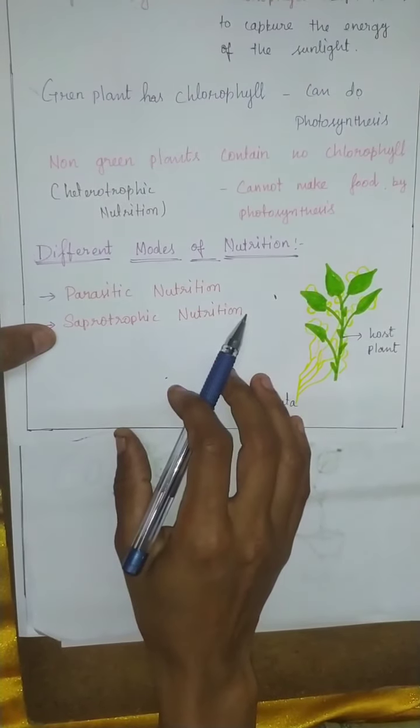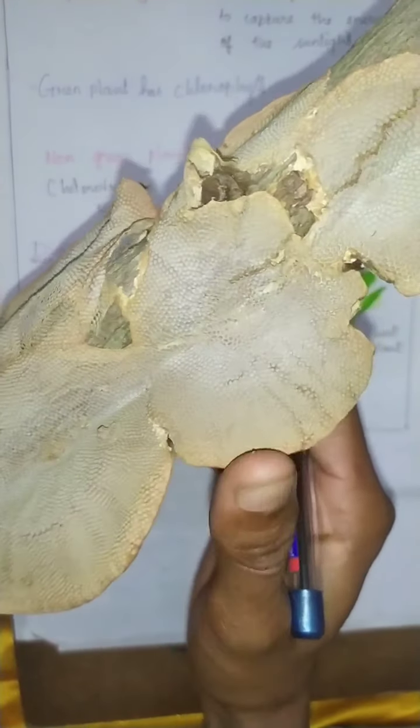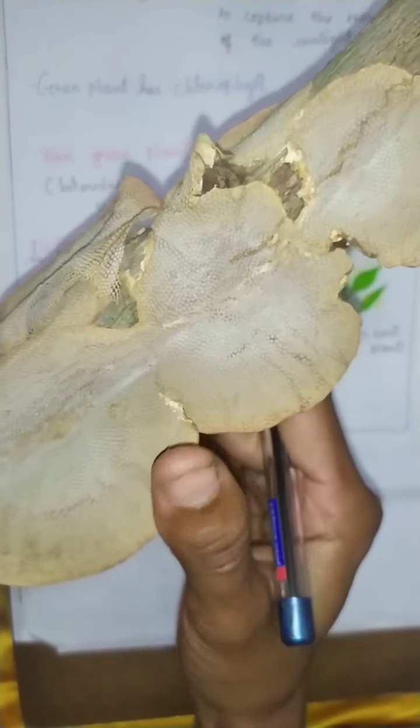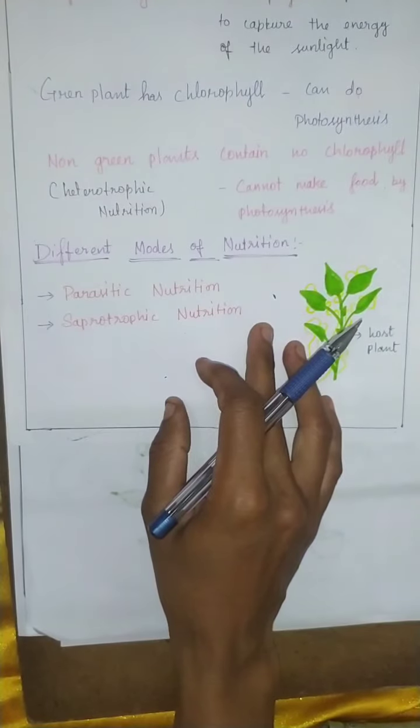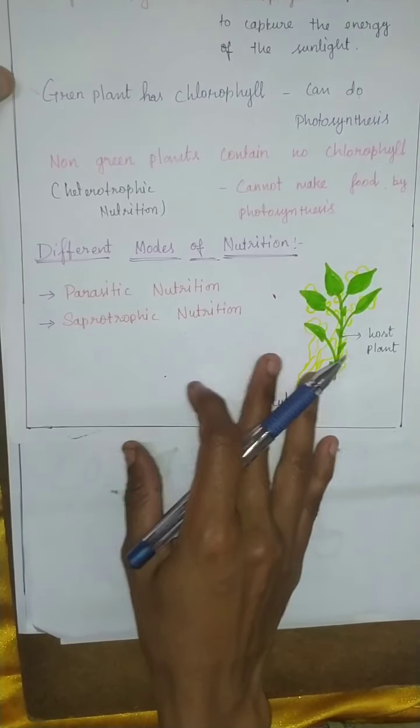What is saprotrophic nutrition? We have all seen umbrella-like patches growing on dead plants and dead animals during the rainy season. These are called mushrooms. How do mushrooms get food?